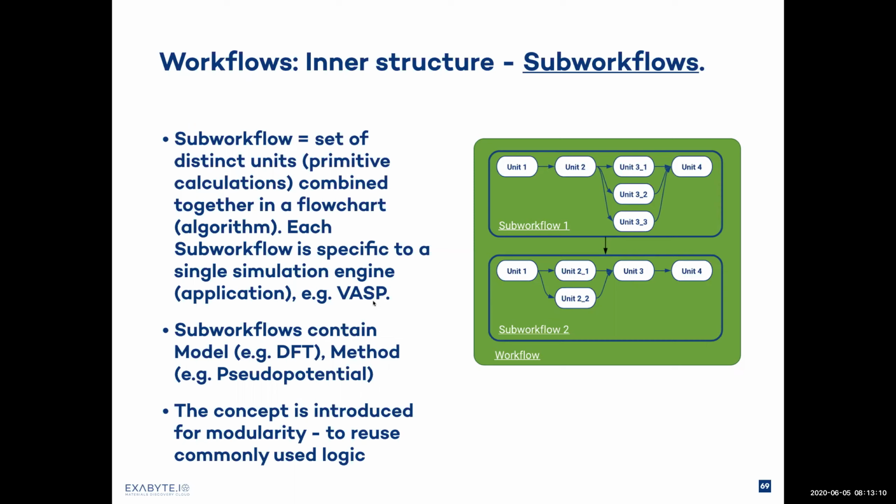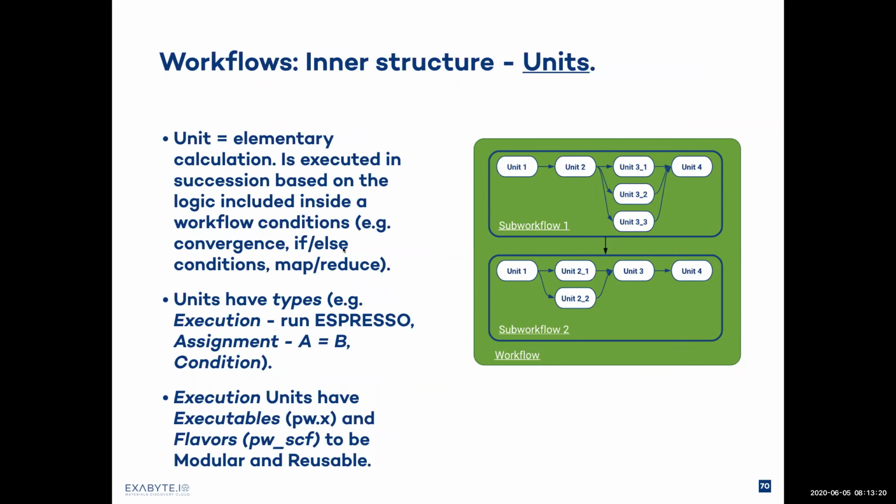And by having that, we have a robust way to search through this functionality in the future when we store it in a database. Each unit is an elementary calculation, so there is no further subdivision beyond having different units. And it's executed in a certain succession based on the logic inside the workflow.